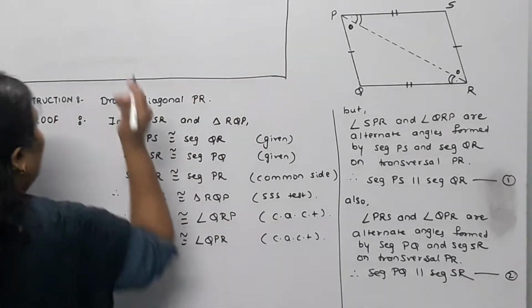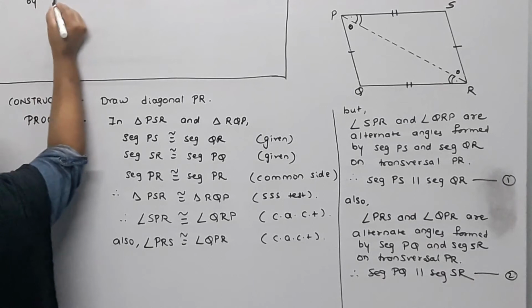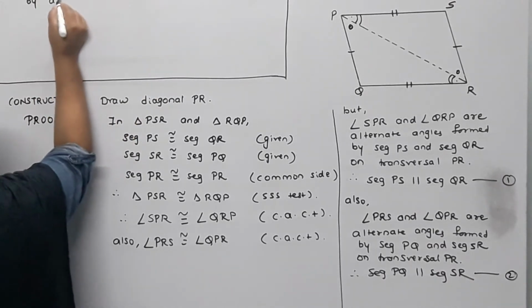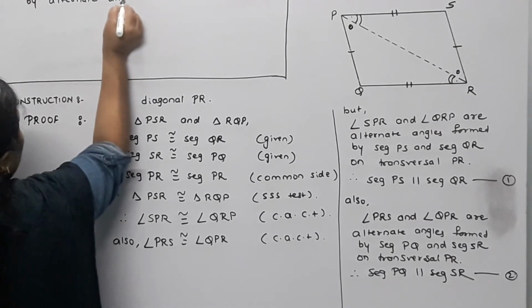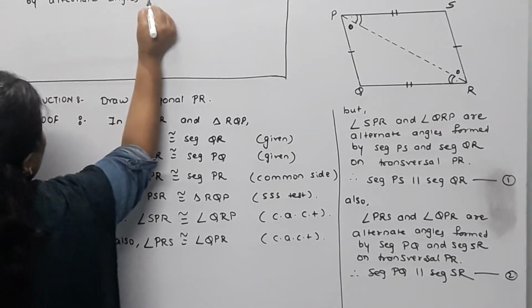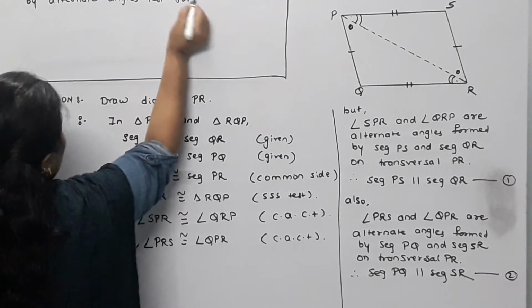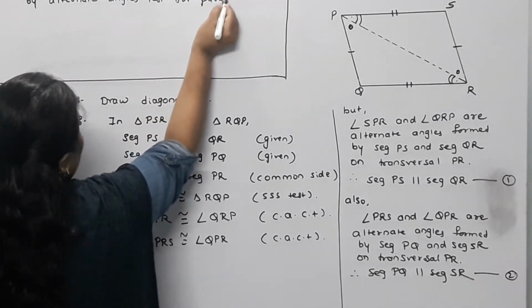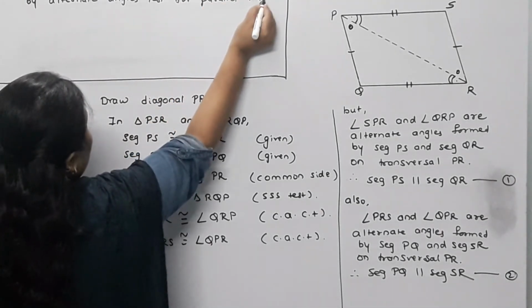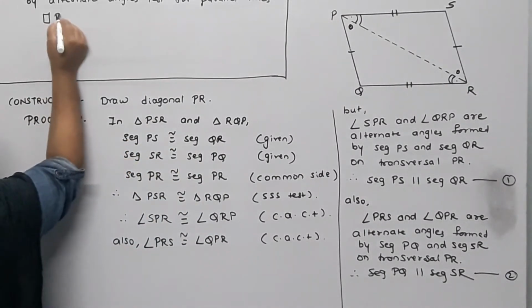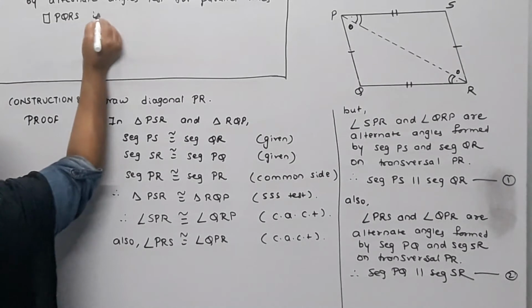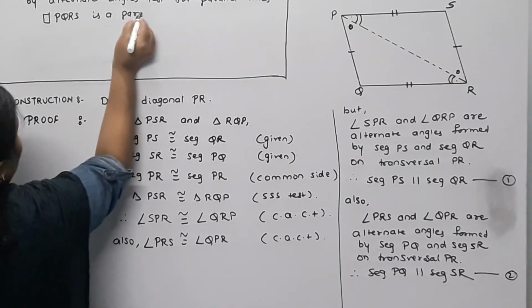So with the help of the alternate angle test for parallel lines, quadrilateral PQRS is a parallelogram.